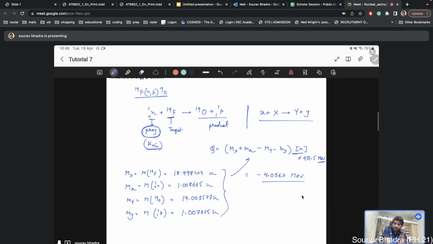Now we have calculated the Q value, but our target is to calculate the minimum kinetic energy of the projectile, which is called the threshold energy. How do we calculate the threshold energy? I will not go into the details of the theoretical understanding, because this type of problem you may face in the exam.